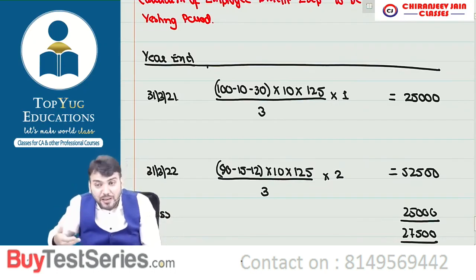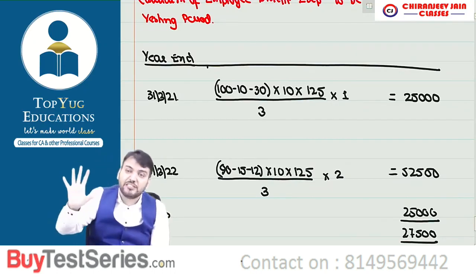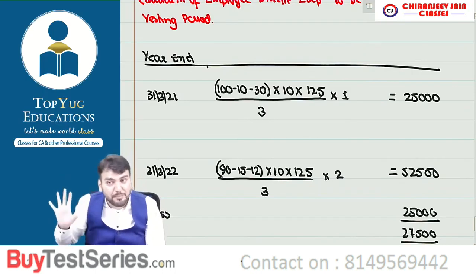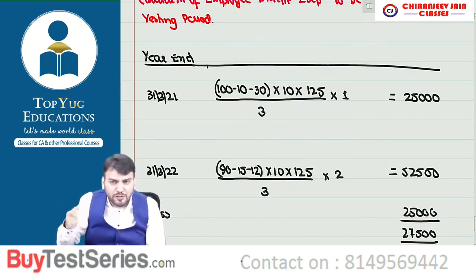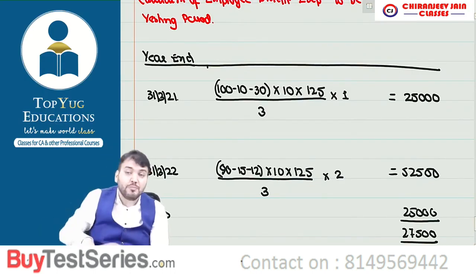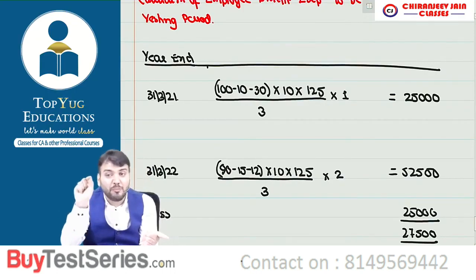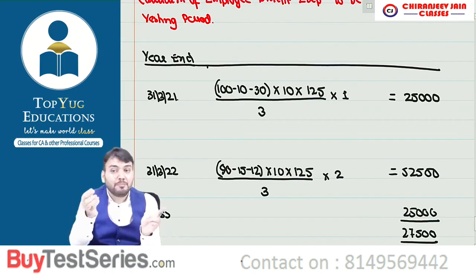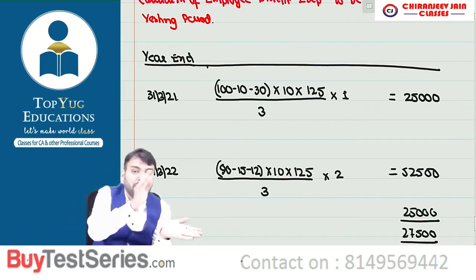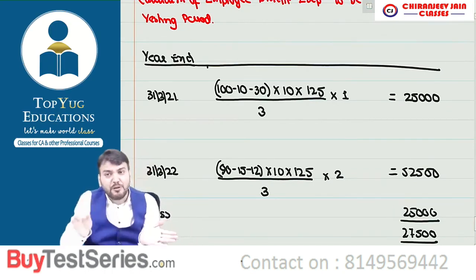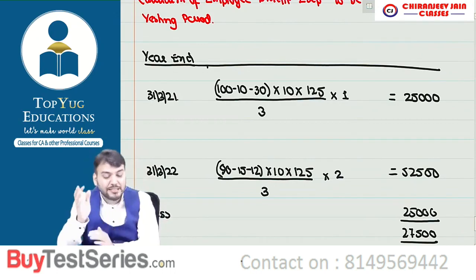So of course you need to do reassessment, but it will not change the financial statement of first year. Whatever the reassessment, we will do it in the second year.